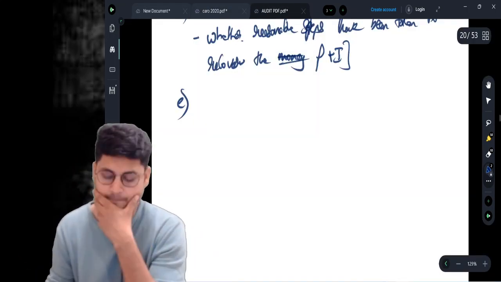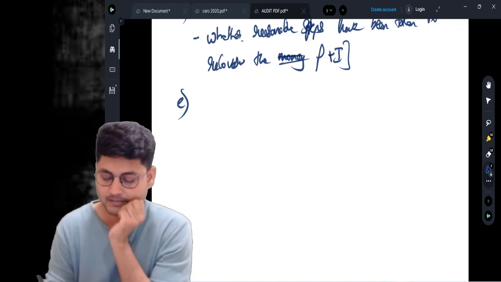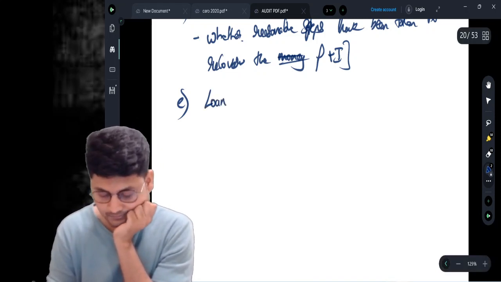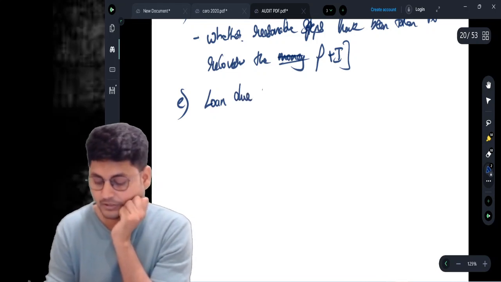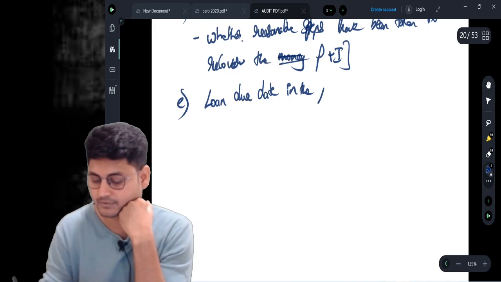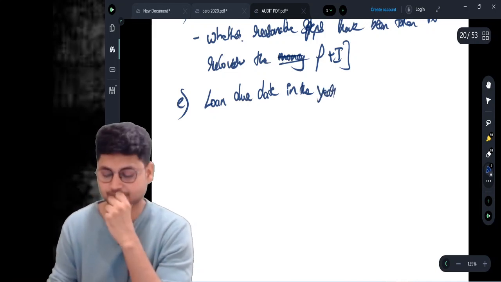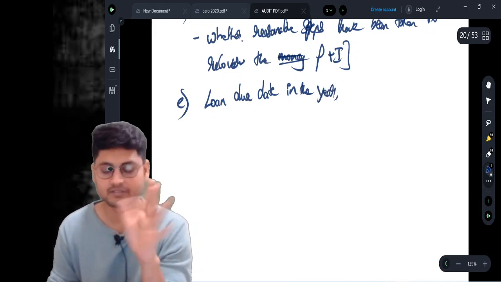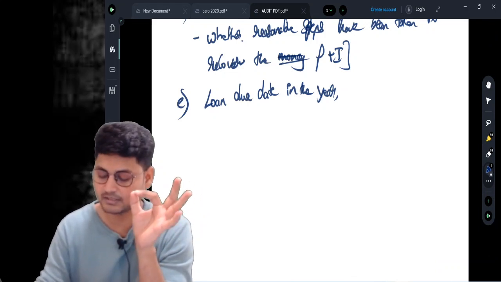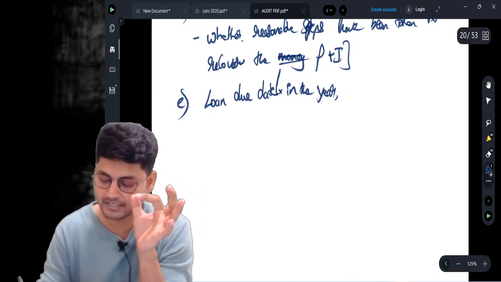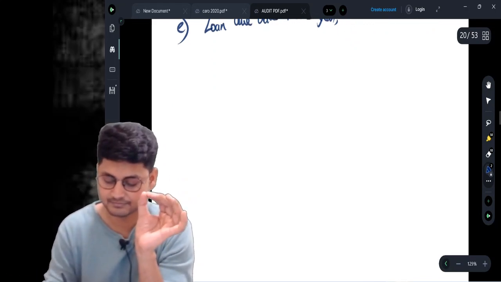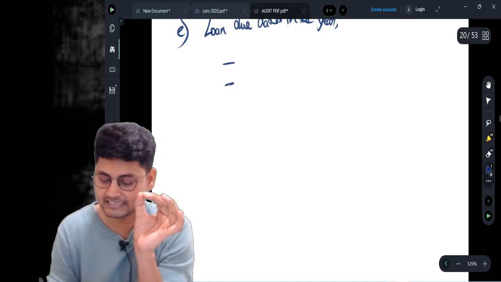See here. Loan due date in the year. The company has not recovered the money. However, what has the company done? The loan due date has fallen in the year. The company has done three things.